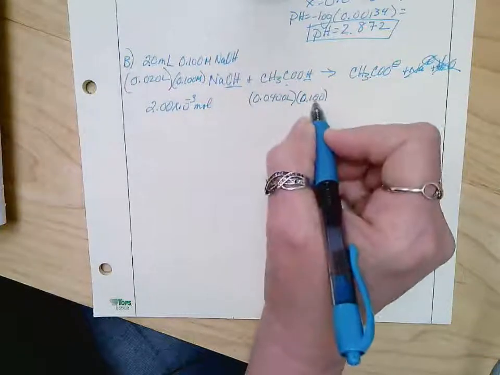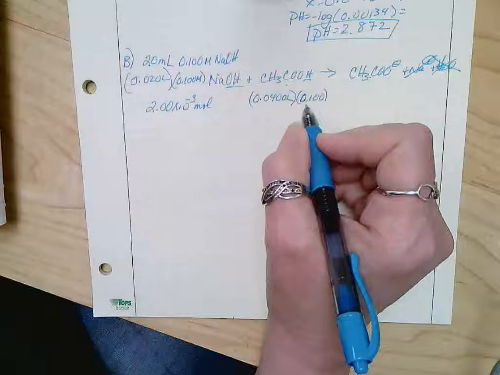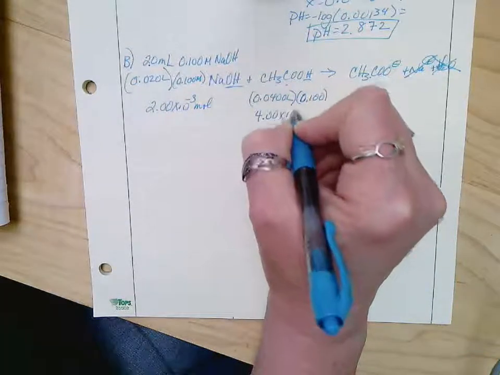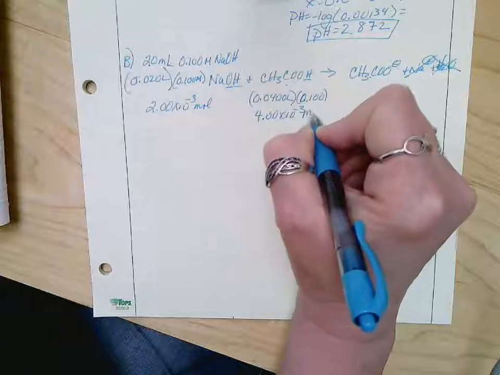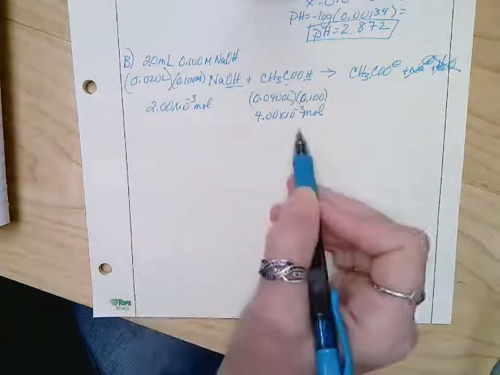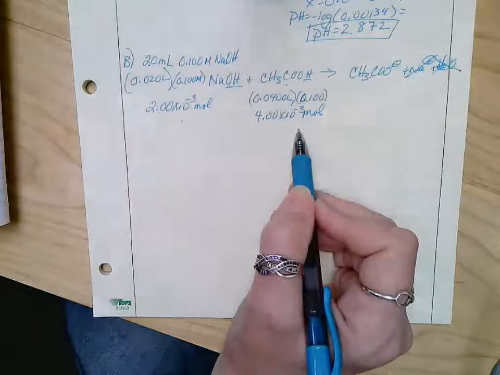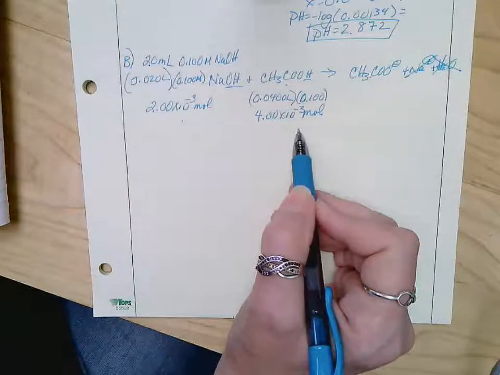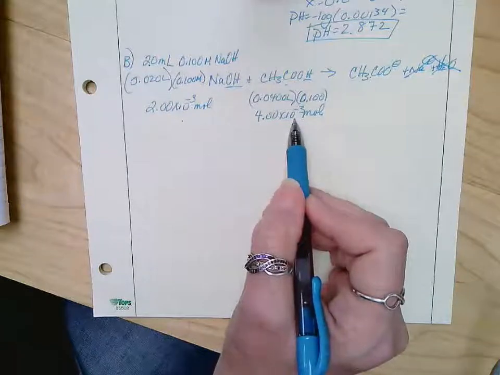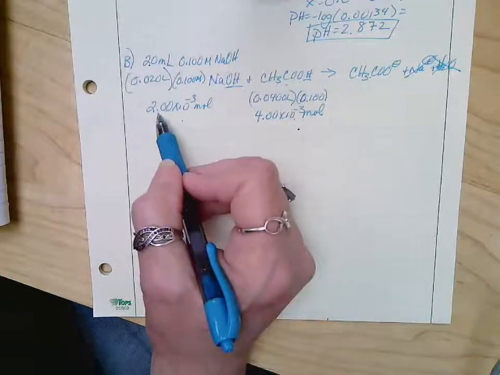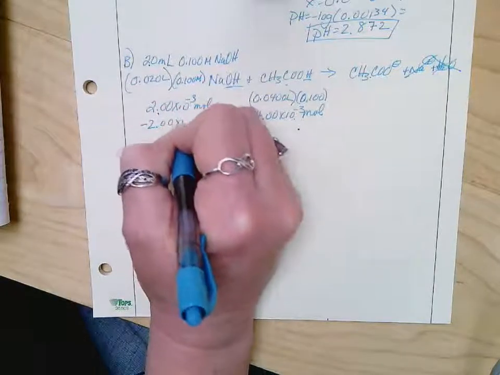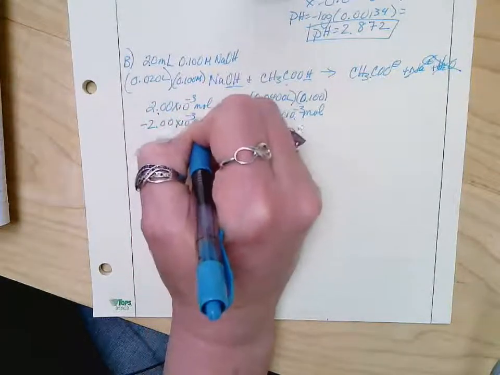So the moles I have of acetic acid is going to be 4.00 times 10 to the negative third moles. Now, if I have some of this and some of this, one of them is going to be a limiting reactant. I have more moles of acetic acid, so therefore sodium hydroxide is limiting. I will lose all of this.